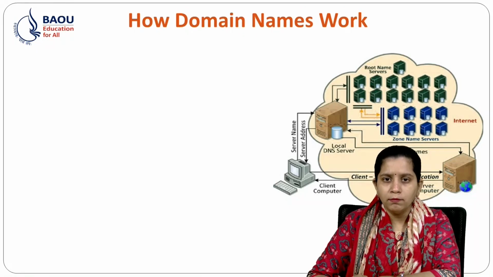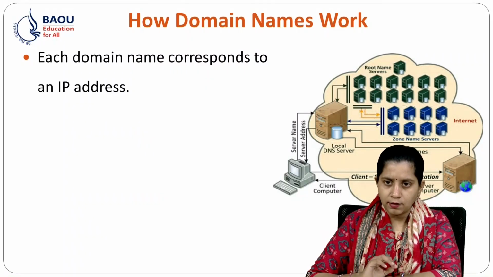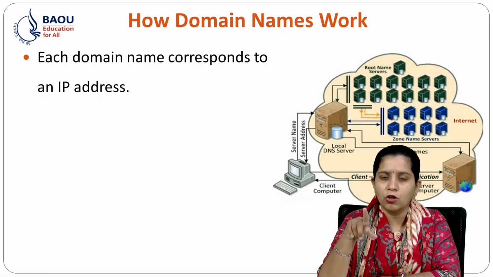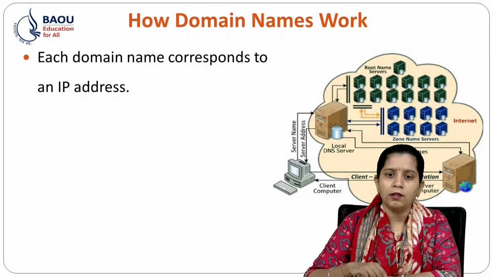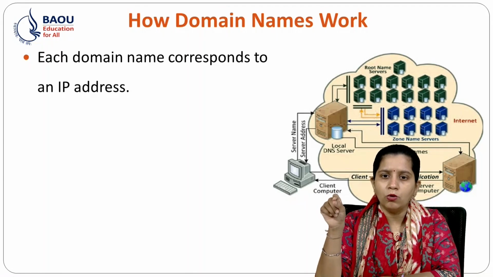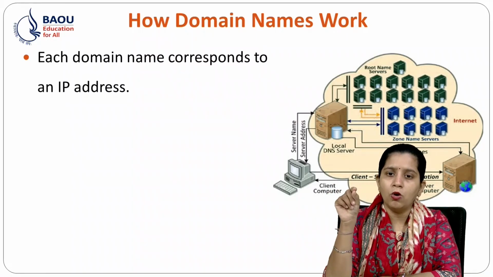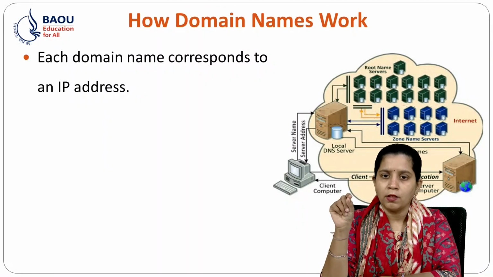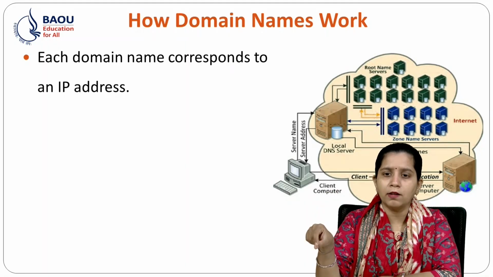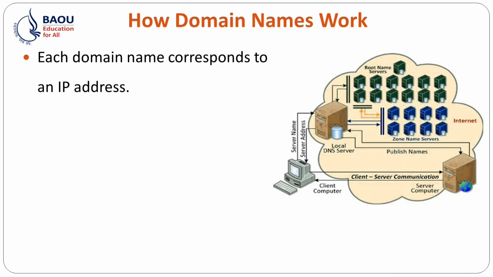So how does a domain name work? Each domain name corresponds to an IP address. Here you can see the whole structure. The client sends a request, the request goes to the local DNS server, and then the DNS server comes back to the main server, and then the server responds to you.